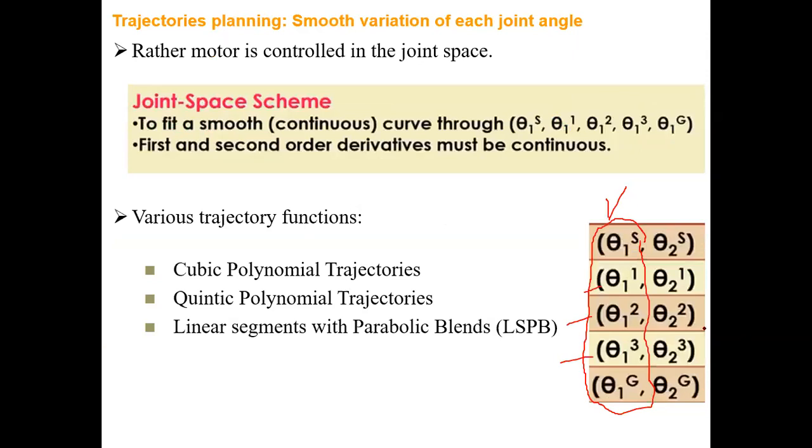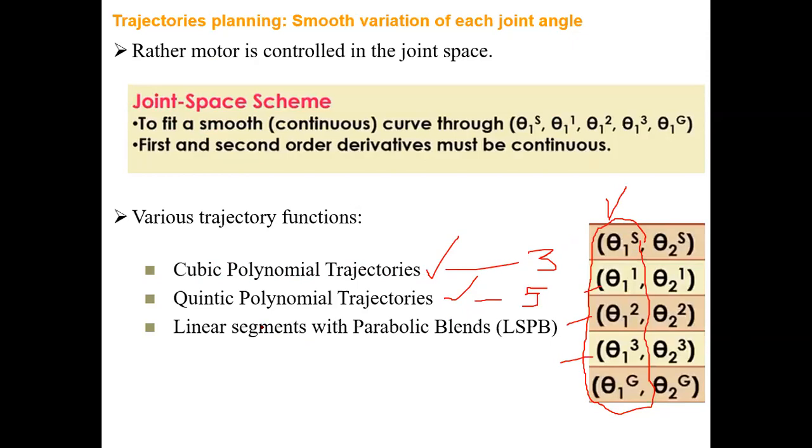So to do that, we have different options here. One is cubic polynomial trajectory. We can use the cubic method, quintic, which is a polynomial of order 5. Cubic, obviously, is a polynomial of order 3, and quintic is a polynomial of order 5.